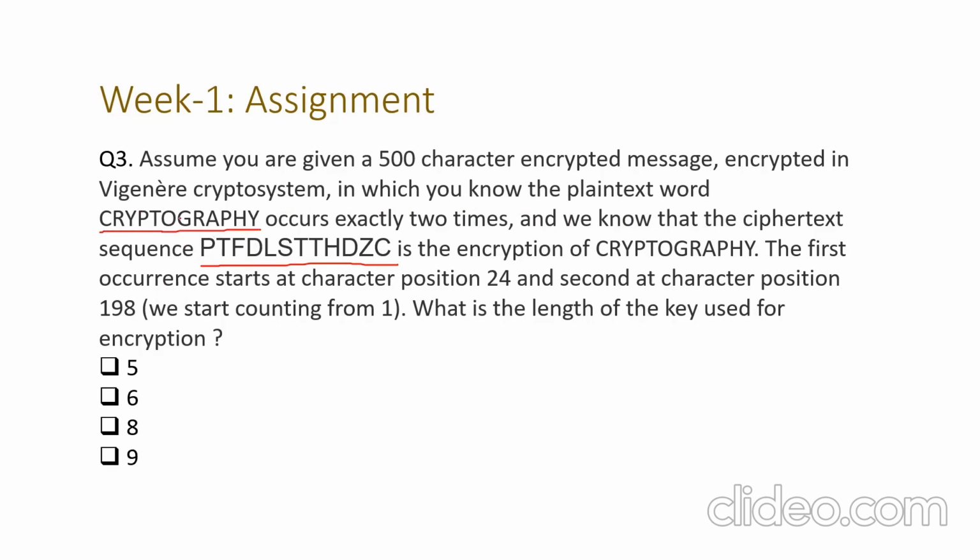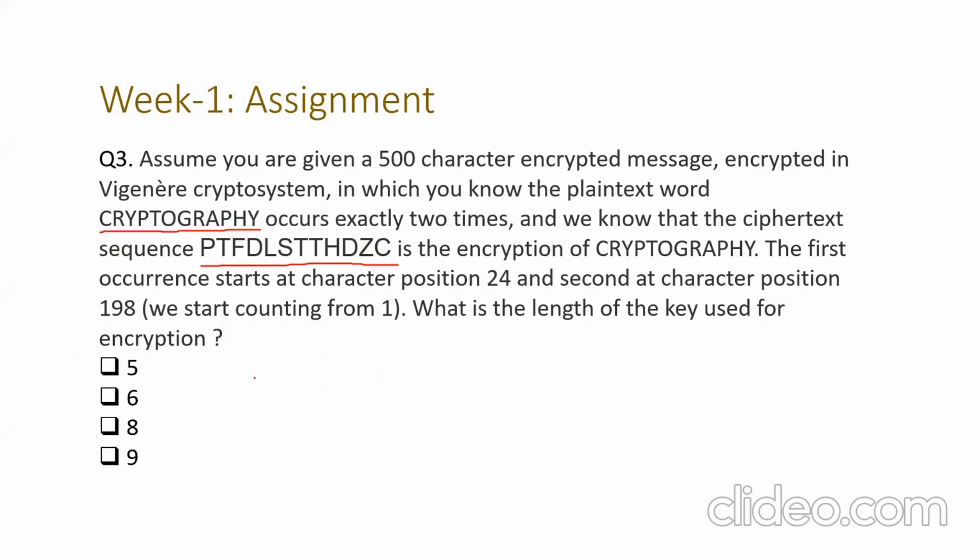So there are 12 letters in it. So the same sequence is repeated twice, and we know that this ciphertext sequence is the encryption of cryptography. Now, the first occurrence starts at character position 24, and the second occurrence starts at character position 198 among the 500 characters. So what is the length of the key used for encryption?